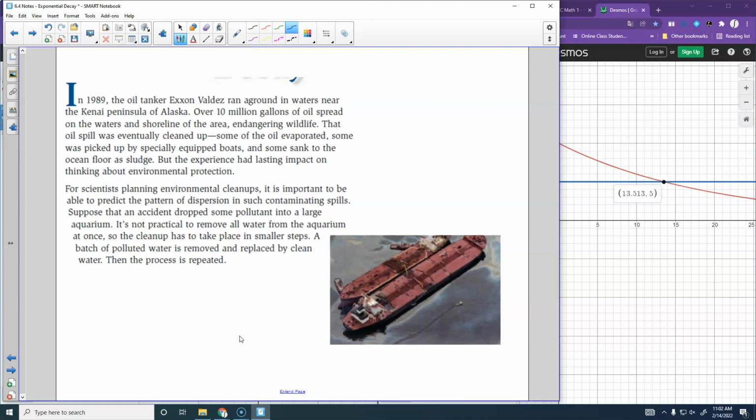All right? So if you think about what is happening, I'm going to relate this to what we did with our M&Ms on Thursday. Imagine that your M&Ms are all your water. The ones with the M's up, that was your oil that had been spilled.